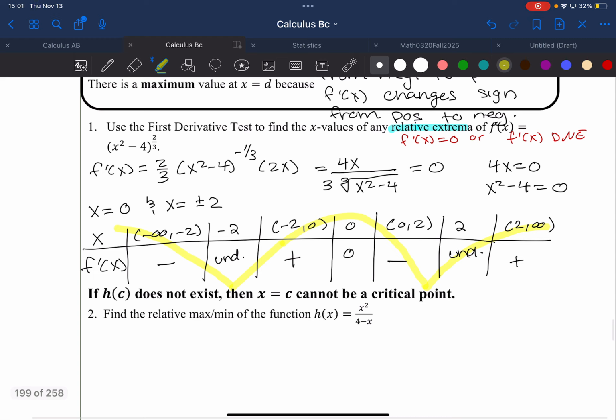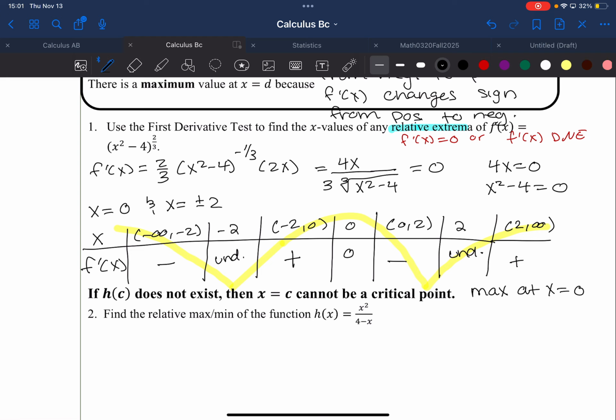Okay, so then based off this table and based off of the diagram I just drew over the table, what would be our maximum value? At 0, right? Our maximum is at x equals 0. Okay, and how do we know, besides that diagram, that this is going to be a maximum?